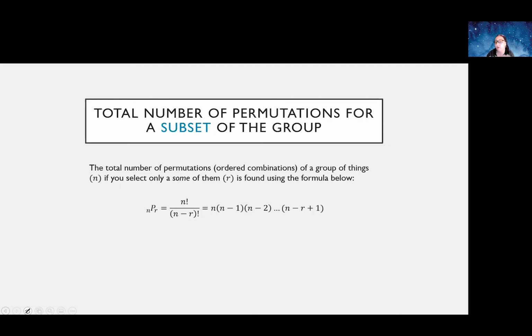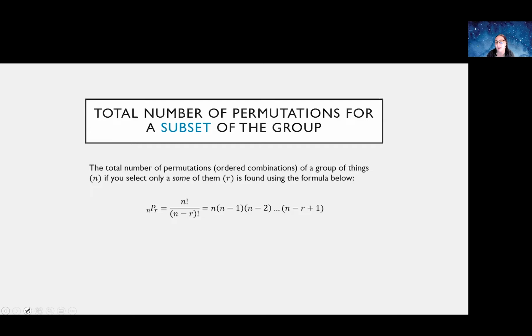We use N to represent the full number of items we're choosing from, and R is the smaller group that we're trying to form. We use P because it's a permutation, and it's NPR.